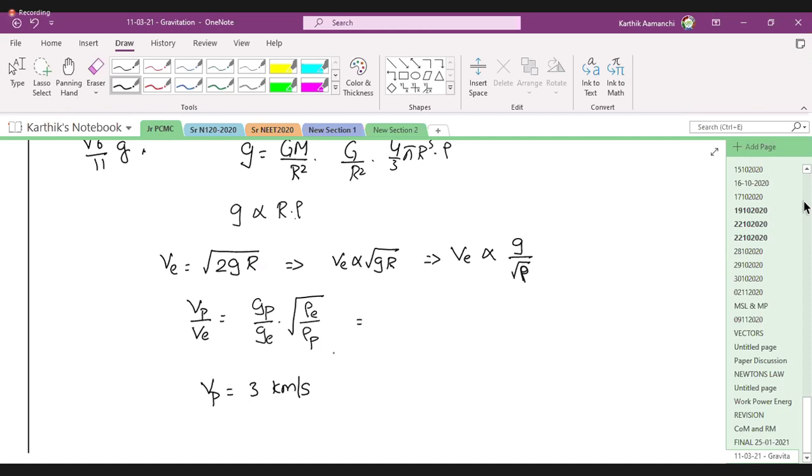If the body is taken to a depth h, the change in its weight will be... So 0.5%.